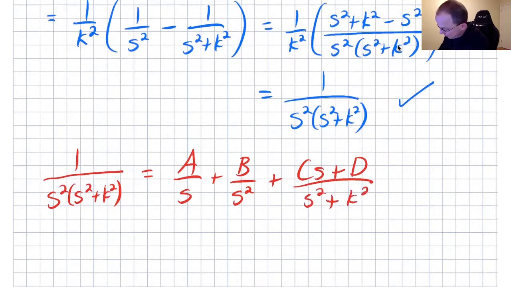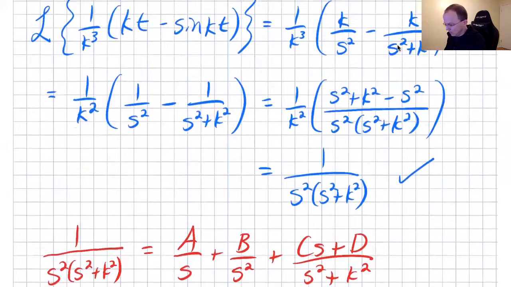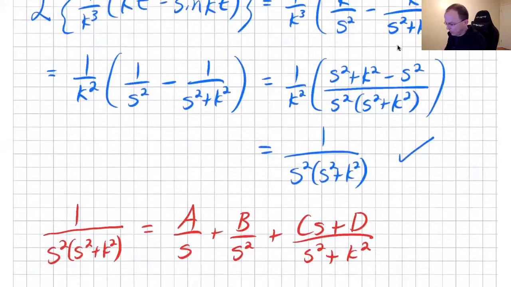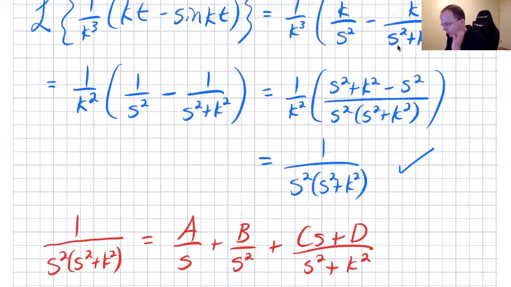So we could have done it this way as well. And what would we have had if we had done this? So this A would have been 0, then the B would have been 1 over k squared, and the C would have been 0, and the D would be minus 1 over k squared. So that's what would have happened.